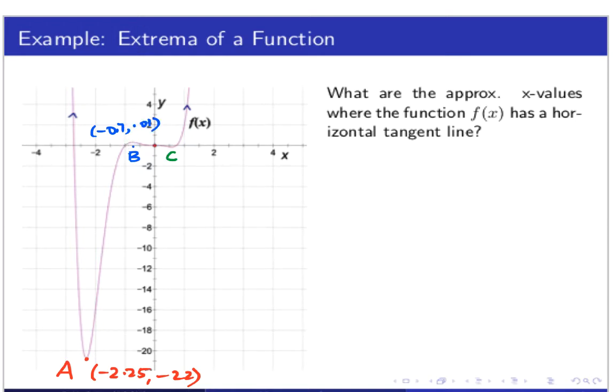For C, let's look at the point, could be approximate, remember guys, say positive 0.8. And then the value here is say negative 0.01, okay?